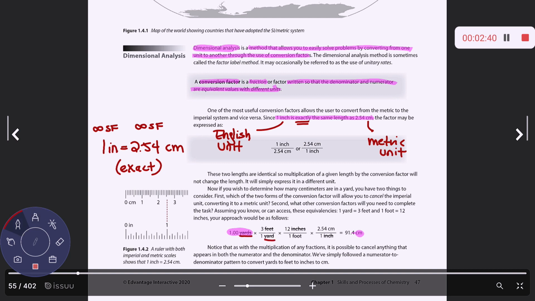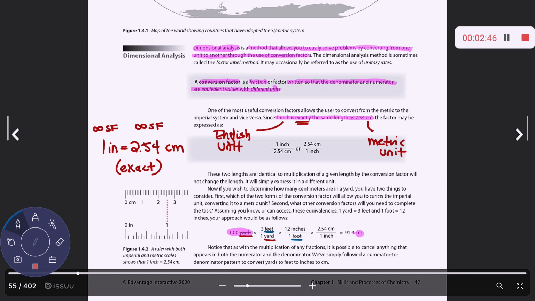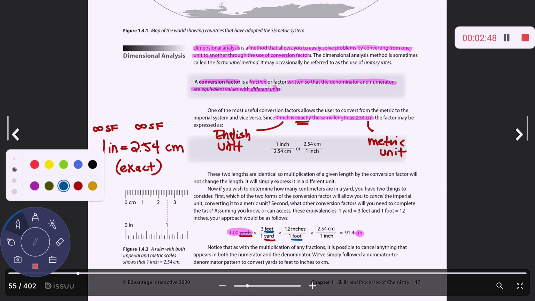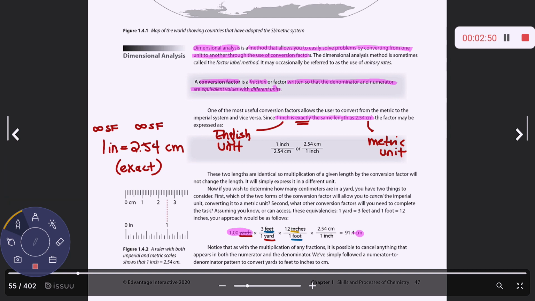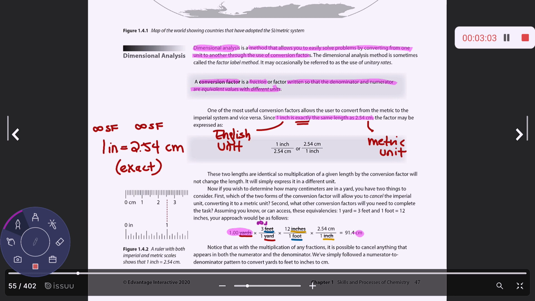You know that you can convert yards into feet, and then you can convert feet into inches, and then you can convert inches into centimeters. Okay? So since yards and feet are both in the English system, that means that the number 1 and the 3 would have infinite sig figs.